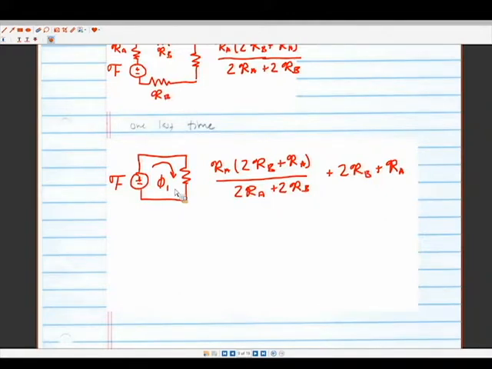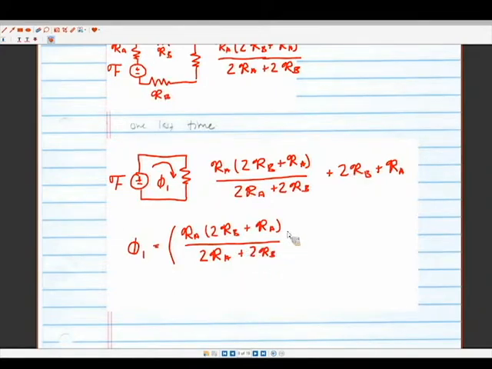Here it's going to be F is equal to phi times R. And if we want to solve for phi, it is going to be the inverse of this reluctance times the magnetomotive force, which is the number of turns of that coil times the current running through it. This is going back to the definition of reluctance.